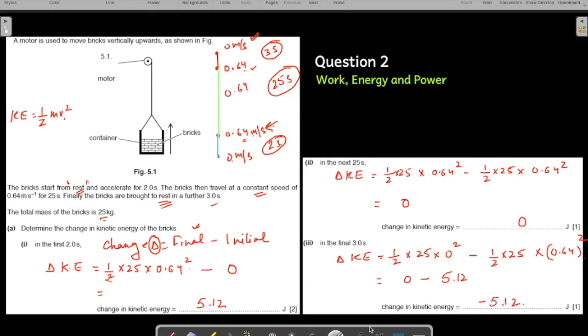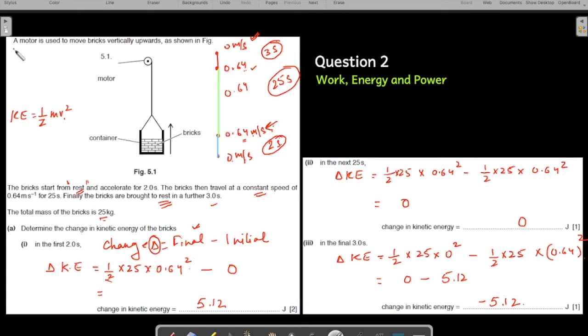So the total change is a negative number. It's okay. Even if you are getting a positive number, if you are subtracting initial from final, the examiner will take it as a correct answer, because it is just a 1 mark question. So do not worry. But if you are using all the logic correctly, your answer should be negative.